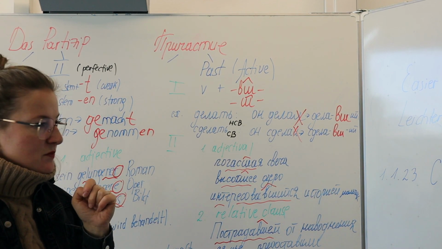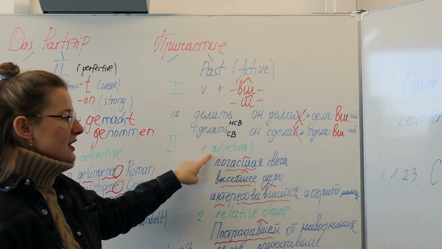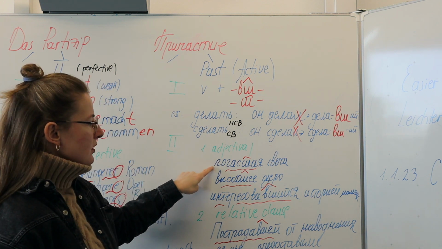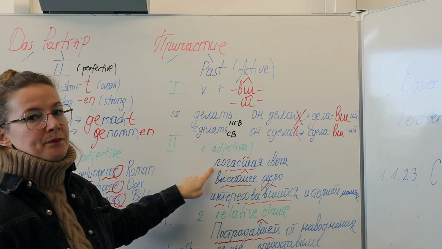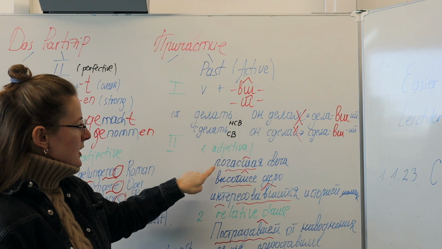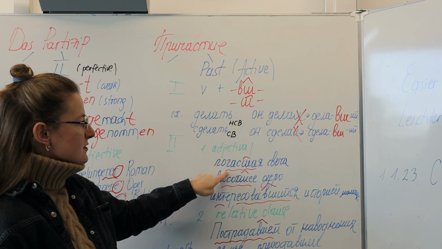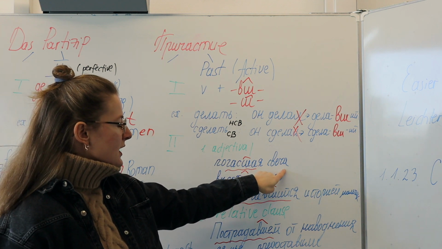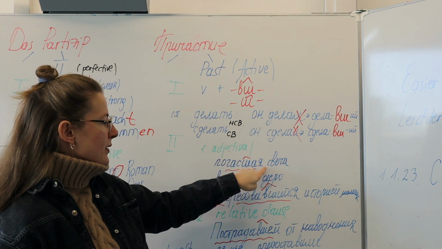Okay, let's take a look at the two functions that this participle can have. So syntactically speaking in Russian, the first one is adjectival, as in English and in German, and we've got, for example, погасшая свеча. Погасшая functions as an adjective here. It's got to agree with свеча in род, число, падеж.